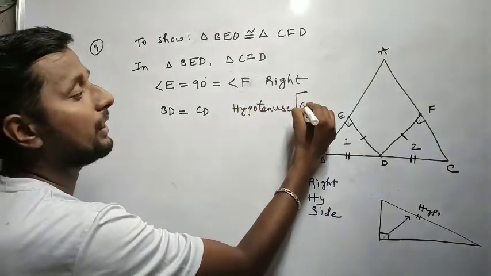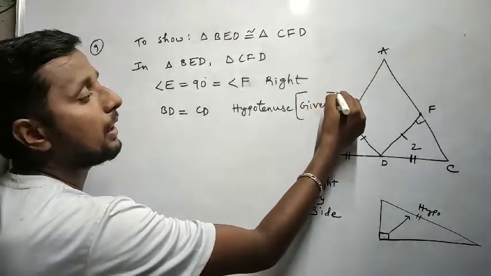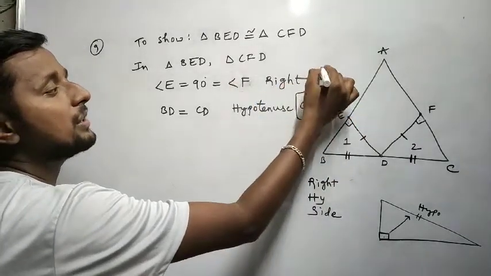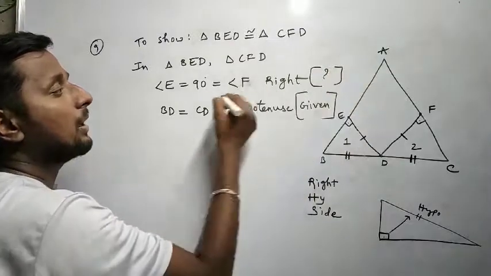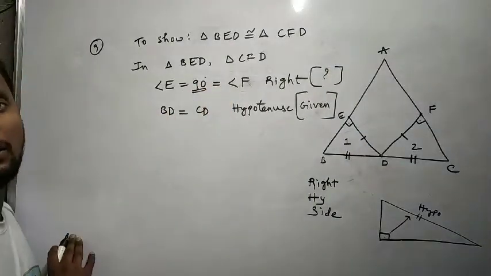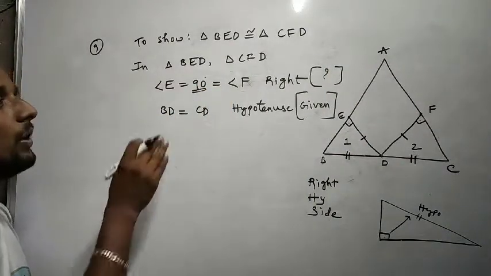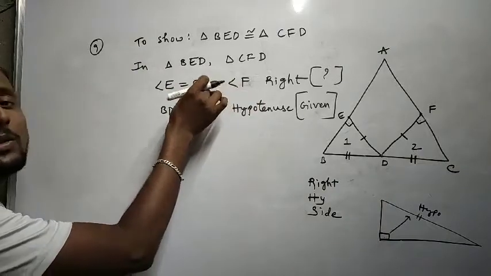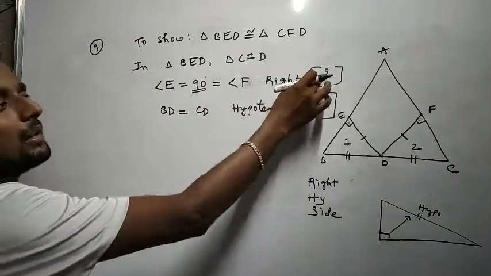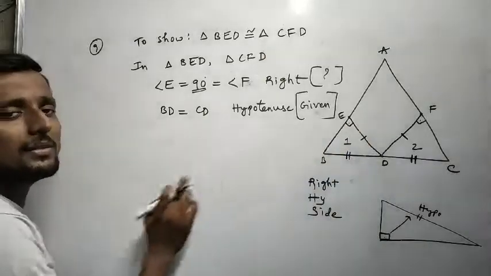The reason for equality is already given. Here I haven't mentioned a reason, because 90 is the measure of the angle, and the number is already given. Both angles are equal to a certain number, so we can't write a reason, because we know the angles exactly.